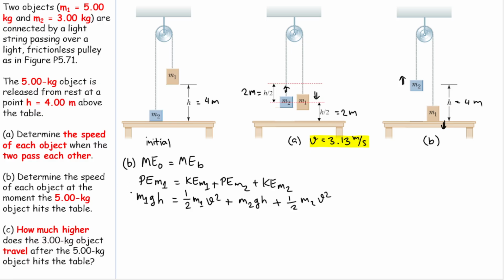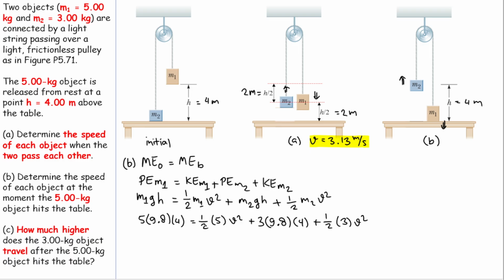Okay, now let's plug in the numbers. So I will have 5, and then g is 9.8, h is 4. Good. Then we'll have 1/2 multiplied by M1, that will be 5, and then v squared, and then plus, we will have this one here, 3 multiplied by 9.8, then multiplied by h, that will be 4. And that is added to 1/2, and then 3, and then v squared.